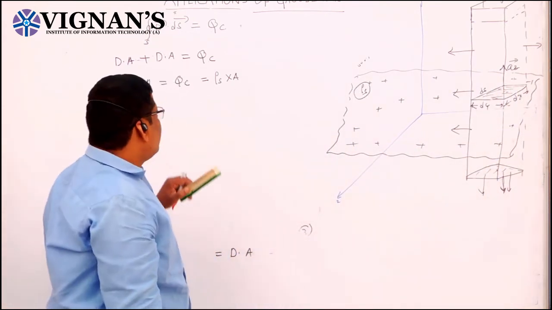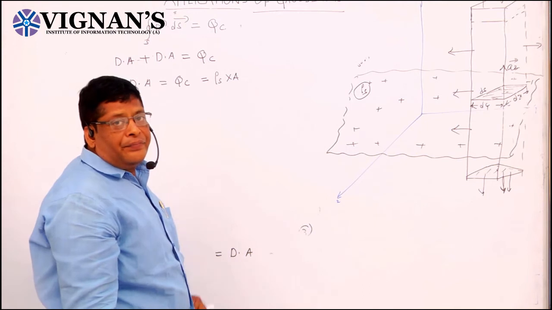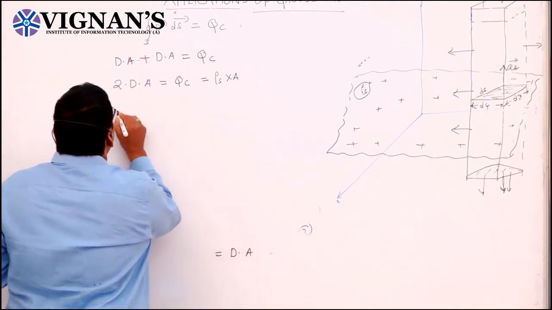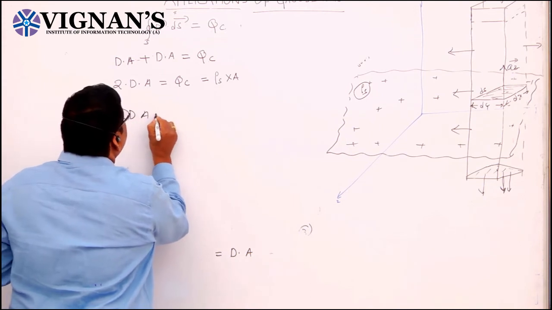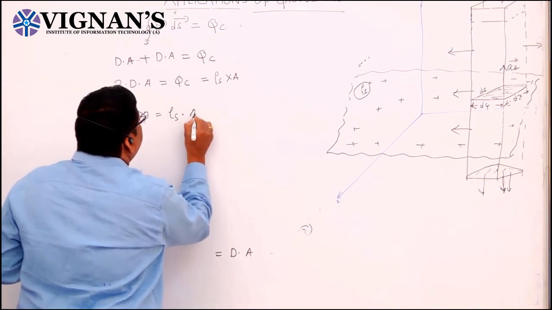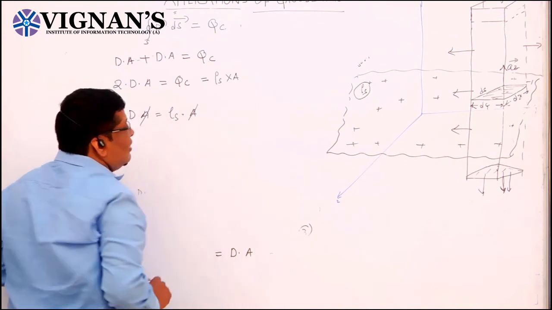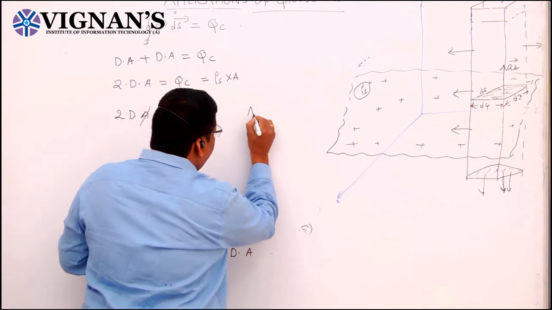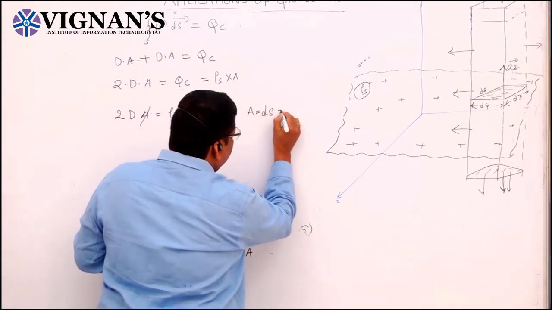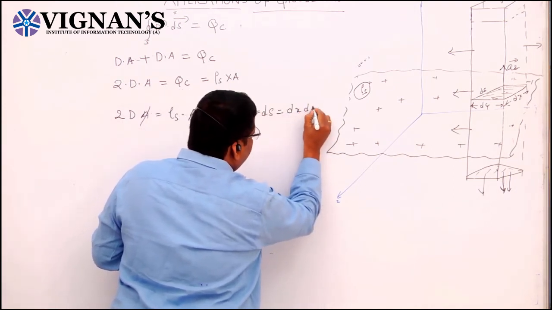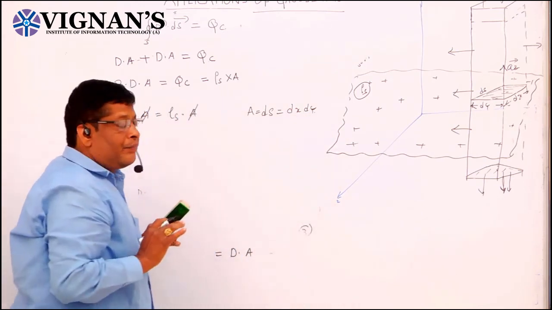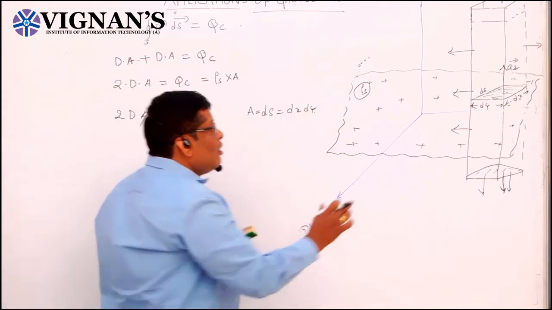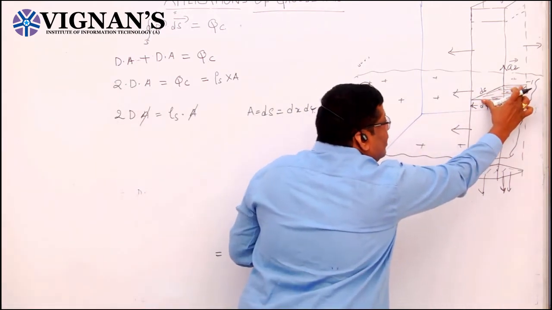In this case, we have taken the dS as A. Now equate these two: 2DA equals rho s into A, and A gets cancelled. Again, for remembering, A equals dS, dS equals dx into dy. Don't confuse here, as that is represented in this diagram.